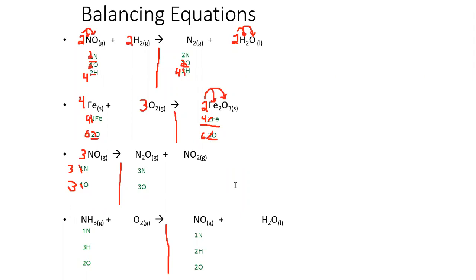So now we look, we see, hey, our nitrogen is balanced, but our hydrogen and oxygen are not balanced. And we see here that oxygen occurs in multiple reactants and products. Hydrogen only occurs in 1 reactant and 1 product. So our safest approach is to try to balance the hydrogen first.